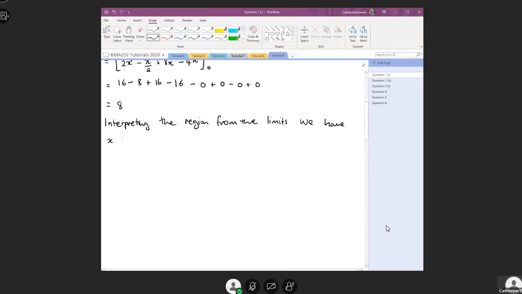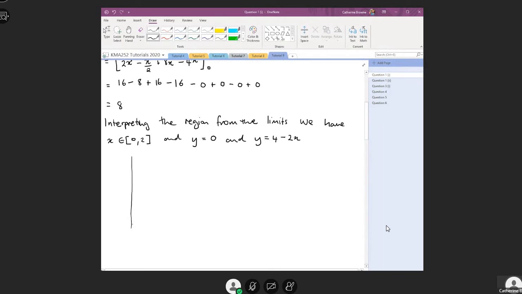We had that x was between 0 and 2, and y was between 0 and y is equal to 4 minus 2x.